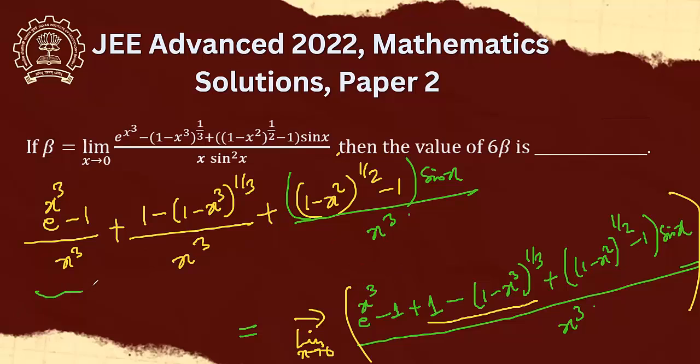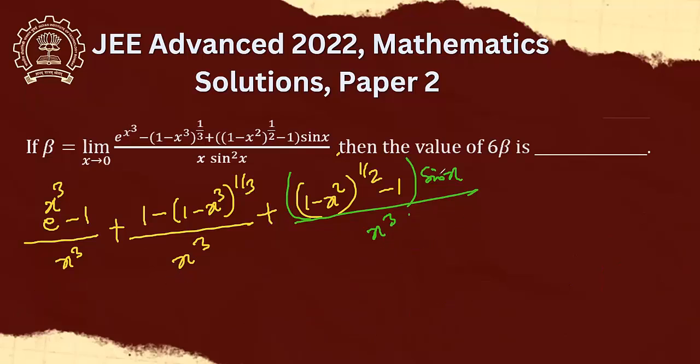Now here this sin x and this x cube is x square into x, so this sin x upon x I can write as 1 simply. So I can remove this and say that is 1. So I'm left with only an x square in the denominator here, right?